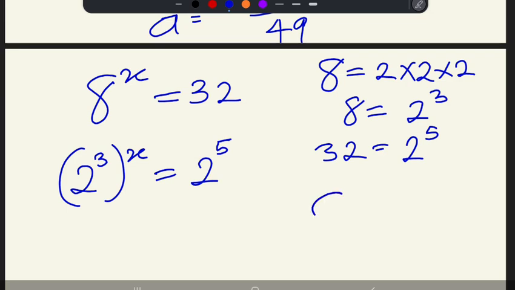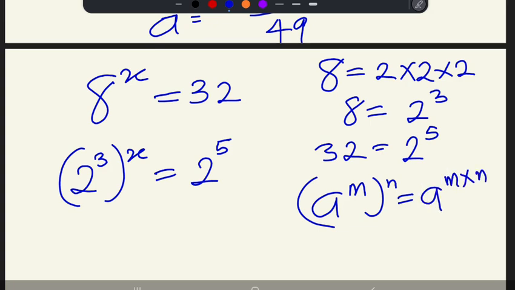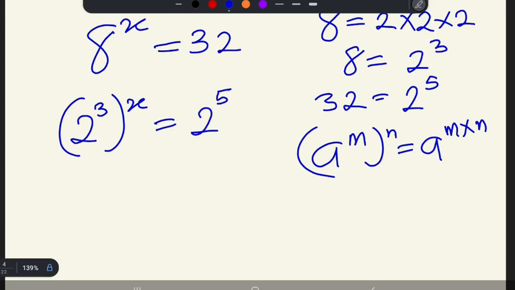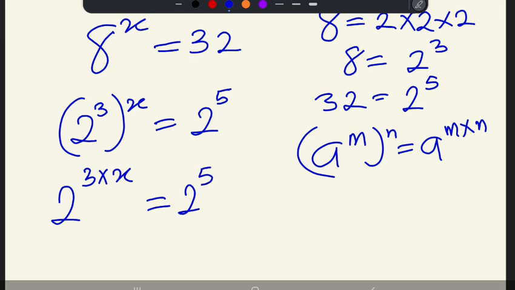You can still remember the law of the product of indices. If you don't know this, there is a video for it. You check the page, you are going to see it there in the indices, and you can study it very well. So the indices will multiply. Therefore we have 2 raised to power 3 times x is equal to 2 raised to power 5.